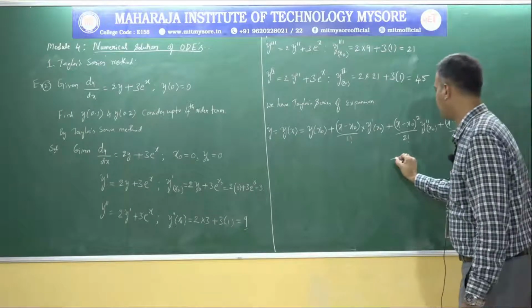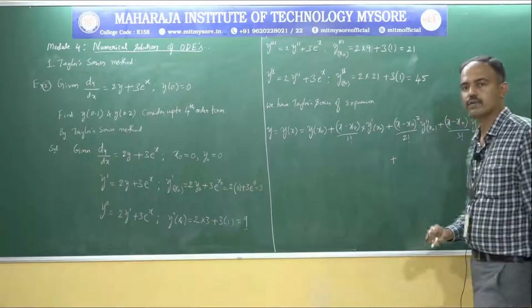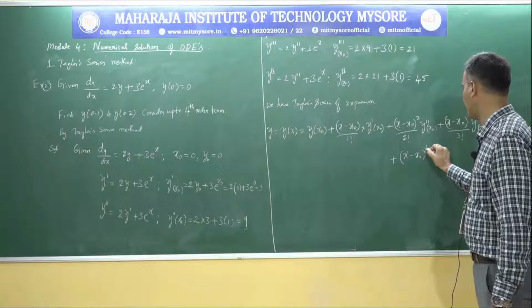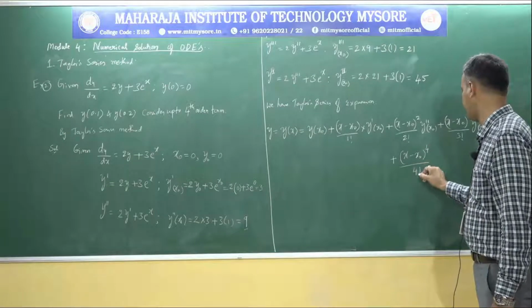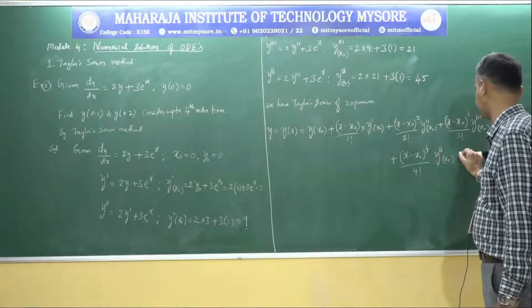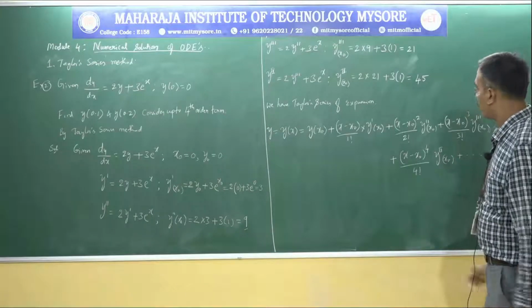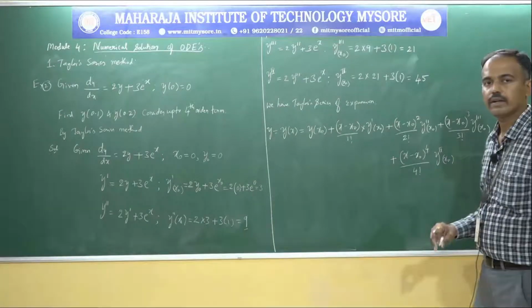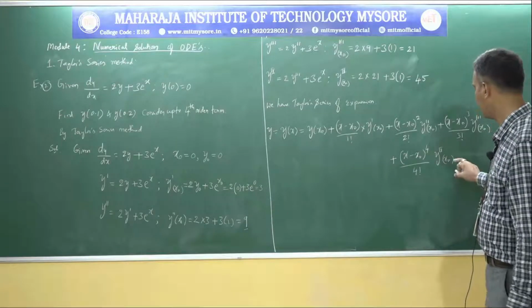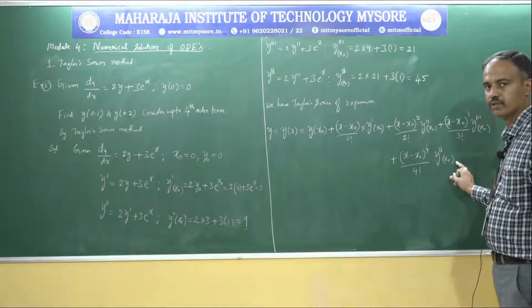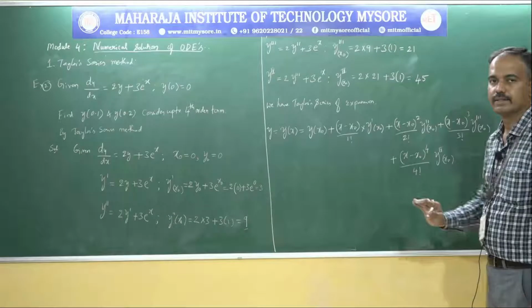Another term, the 4th order: (x minus x naught) whole power 4 by 4 factorial y fourth of x naught. We consider up to the 4th order; higher order terms are excluded.